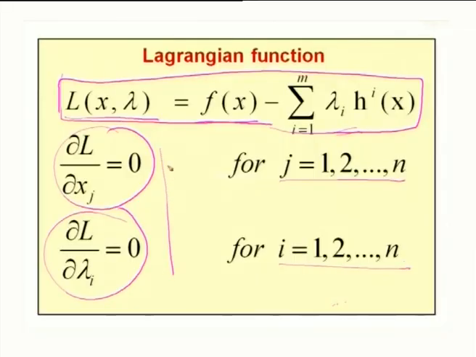So, these two equations dou L by dou x j equal to 0 and dou L by dou lambda i equal to 0 gives a necessary condition for a given NLPP to have an optimum solutions.